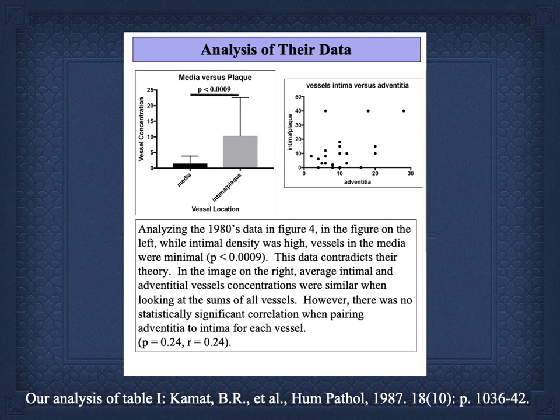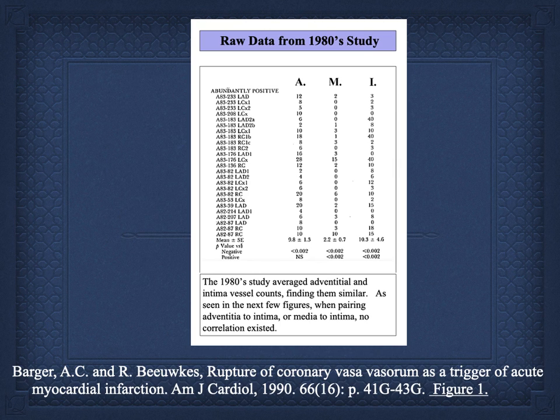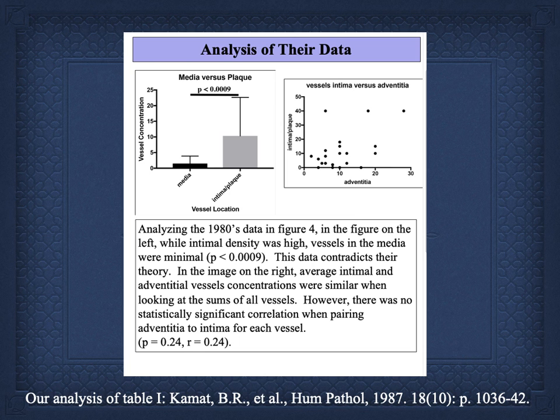So first, and this is from our Circulation paper, but it was an analysis of their work: the number of vessels in the media, which they didn't seem to comment on, was low, and they didn't explain that. It was highly statistically different.